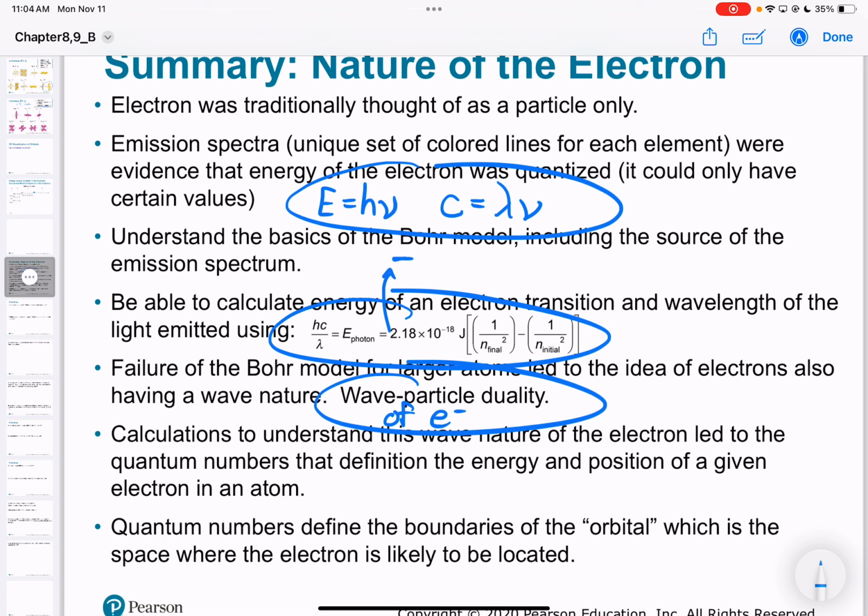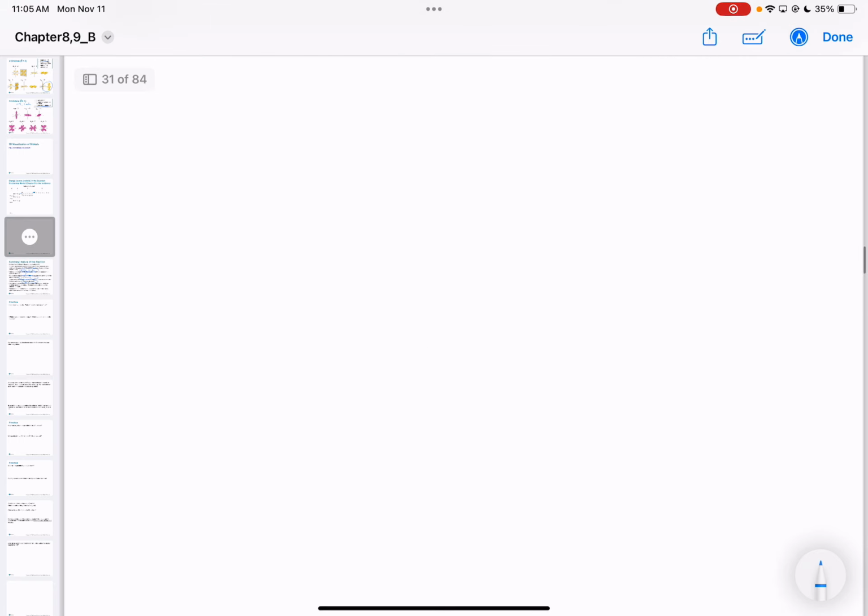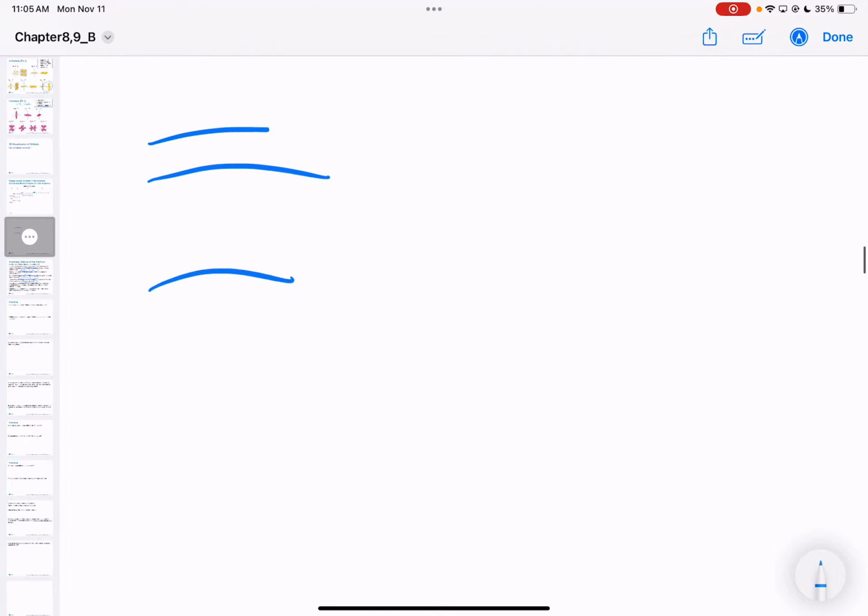All right, so then we got to quantum numbers, which basically told us about a particular region of space where an electron was likely to be found, okay? So in the Bohr model, we said that there were these restrictions on the energy associated with an electron. So an electron could be here or here or here, but it couldn't be in the middle, all right?